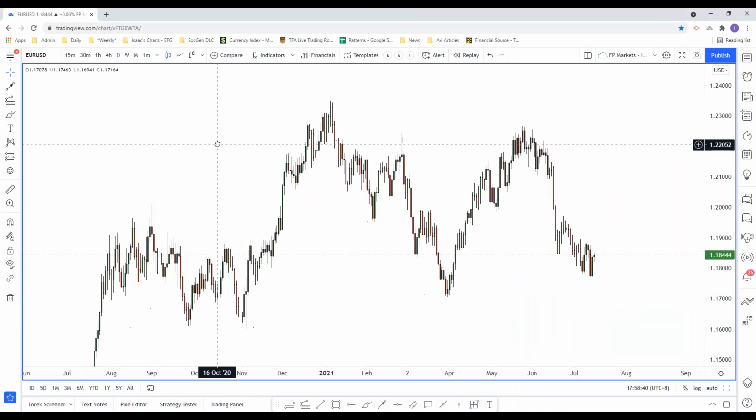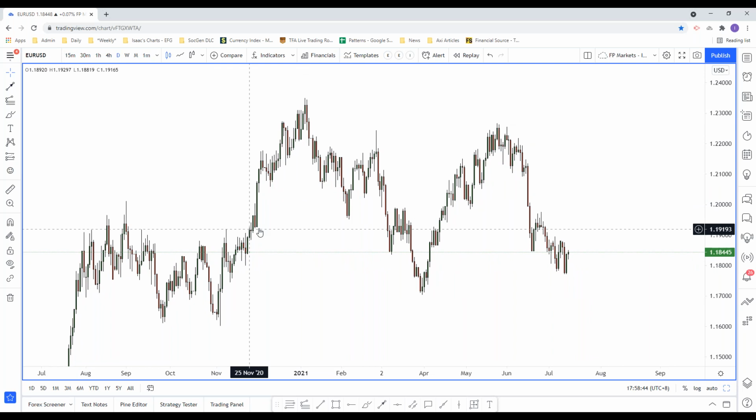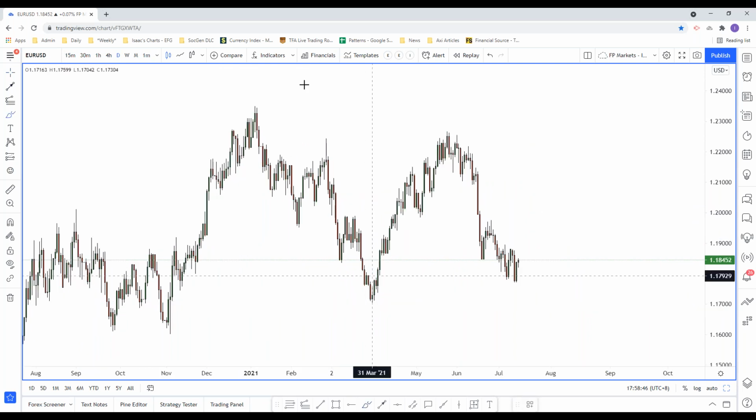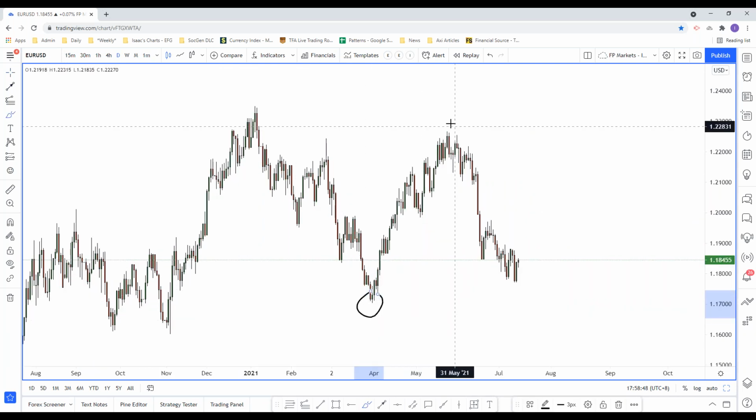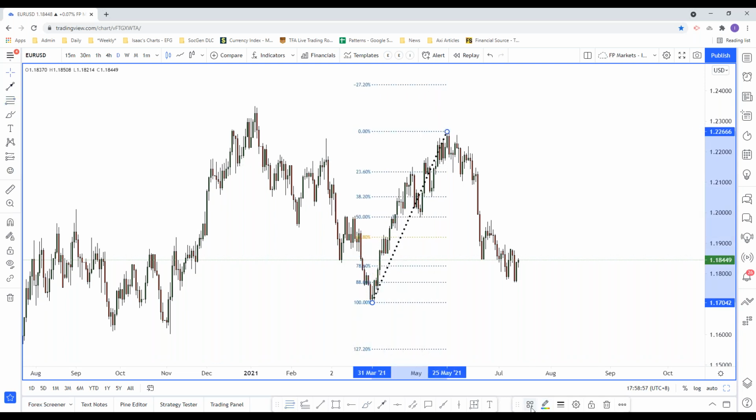Again, let's go back to the charts. We have EUR/USD on the daily. Ignore the time frame, but let's say we have a chart like that. We see this is a completed movement, low to high. We can draw a Fibonacci retracement, 0.1, 0.2. Let me extend it out.